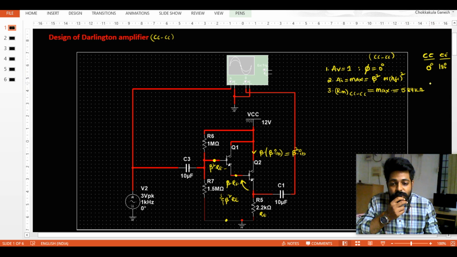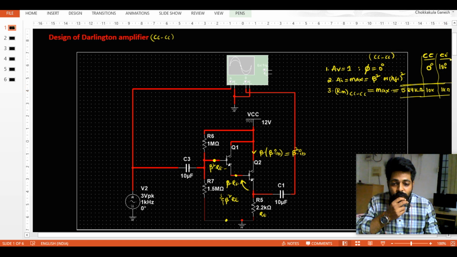The input resistance for this one we got around 10 kilo ohms, and for this one it is 1 kilo ohm. So the difference over here, if you clearly observe, is from the input resistance requirement point of view, where it is maximum required.